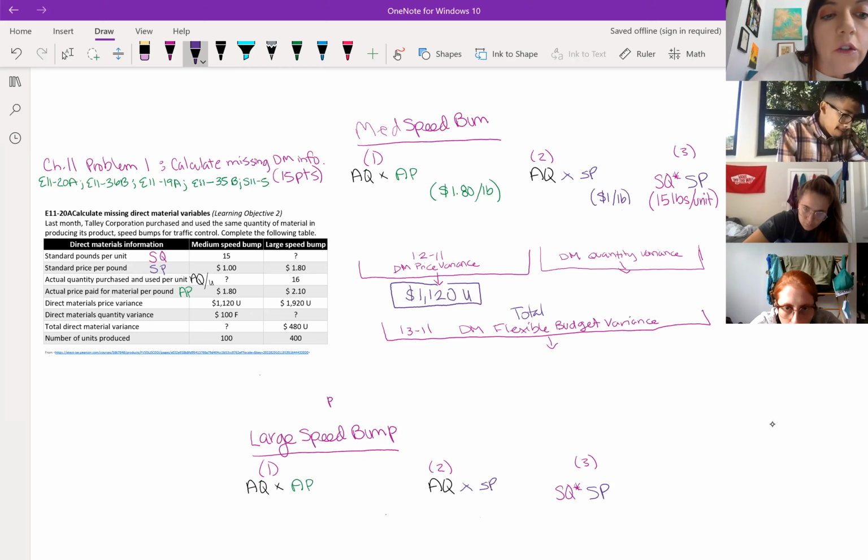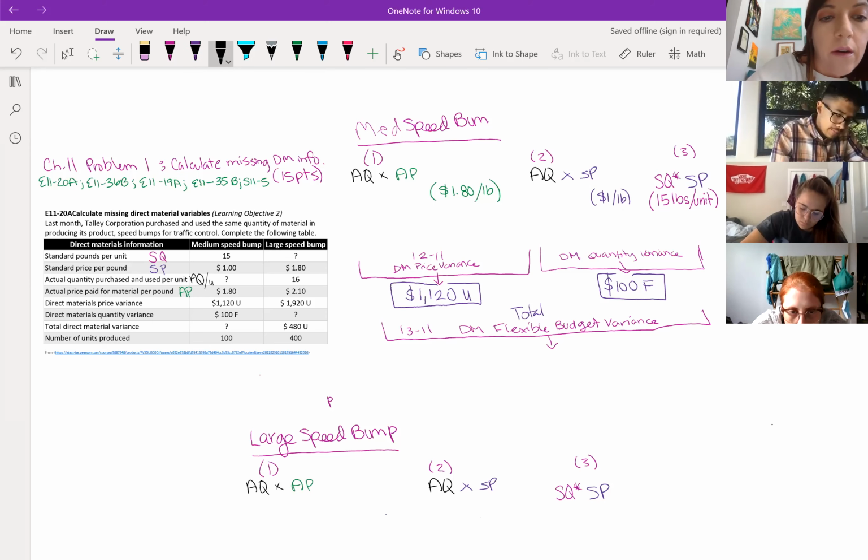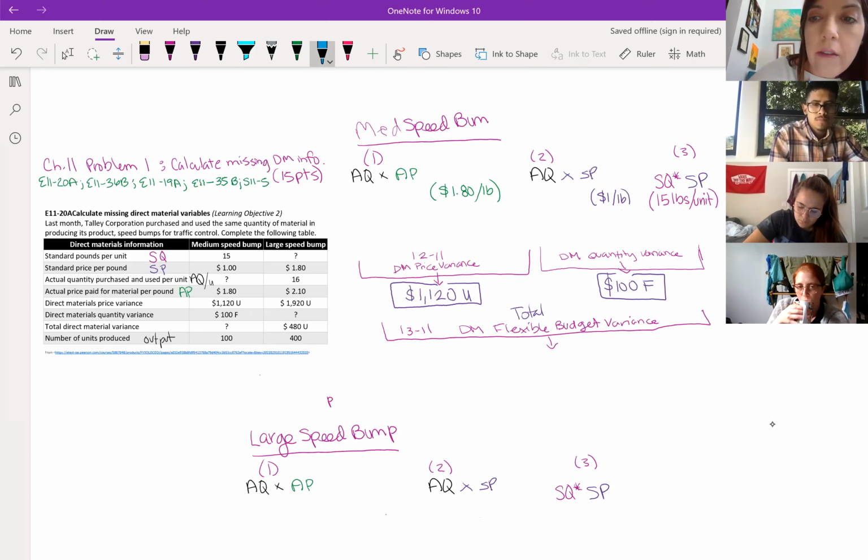The direct materials quantity variance is $100 favorable. And the number of units produced, right, is our output. It's with our SQA. So 100 units.